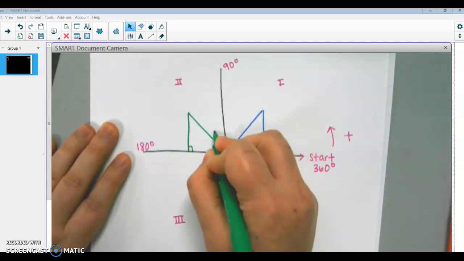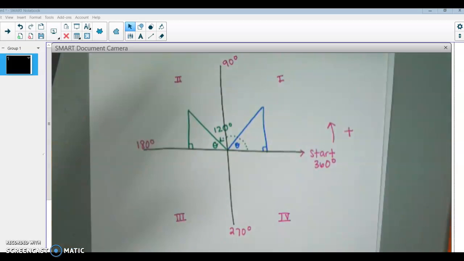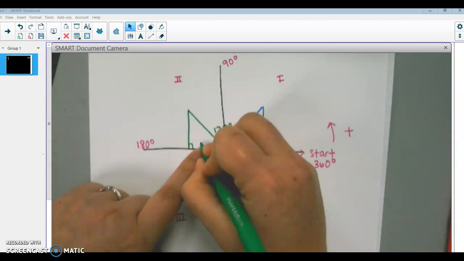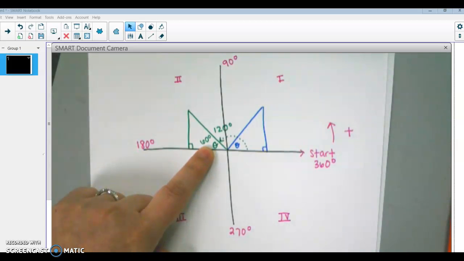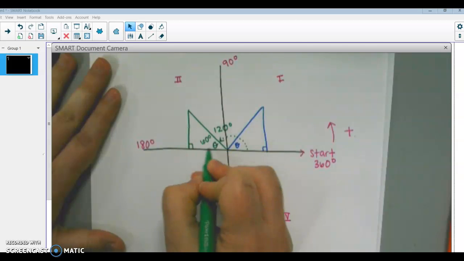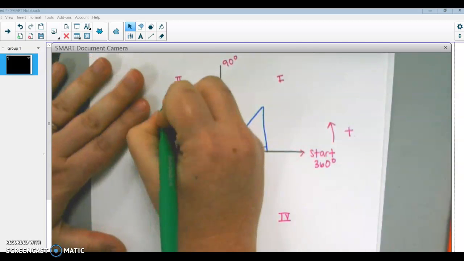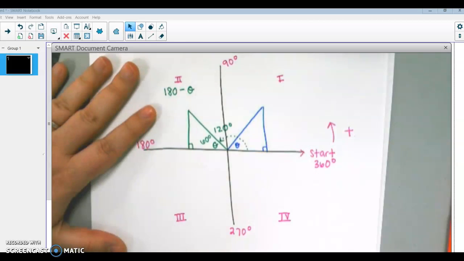But for example, if this was 120 degrees, then the angle that I would be using in my triangle would be 60 degrees. So when your angle lands in quadrant 2, to get the angle of your triangle, you should be doing 180 minus your angle.